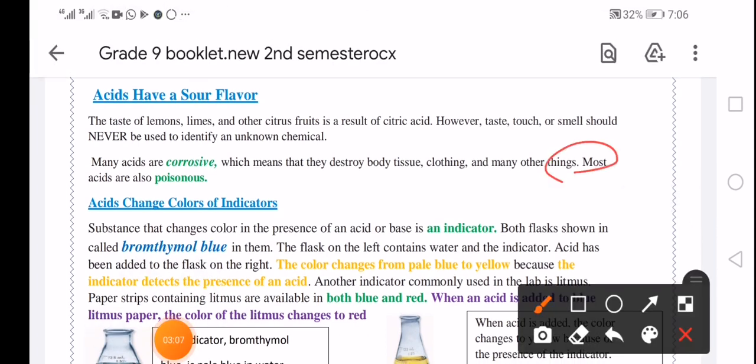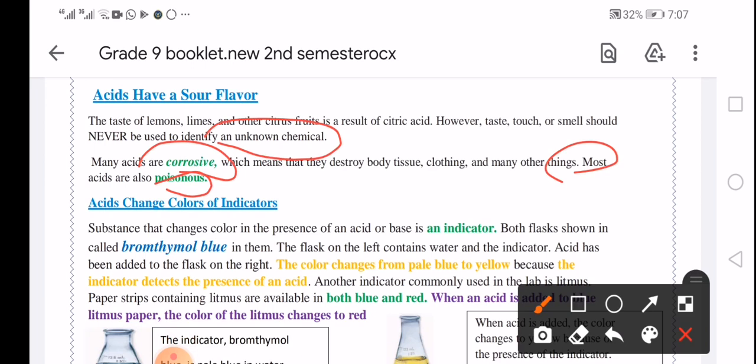Most acids are also poisons. So taste, touch, and smell should never be used to identify an unknown substance or chemical, whether acid or base. Most acids are corrosive, can destroy your skin or body tissue, clothing, and many other things. Most acids are poison.